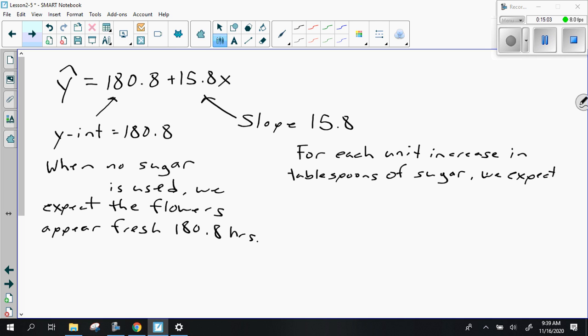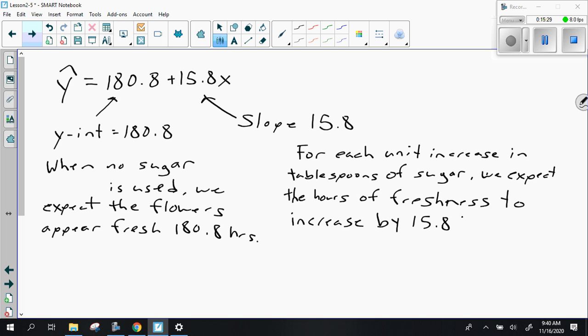So we're going to expect the hours of freshness to increase by 15.8 hours. Perfect.